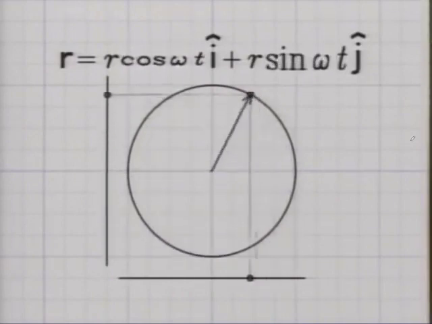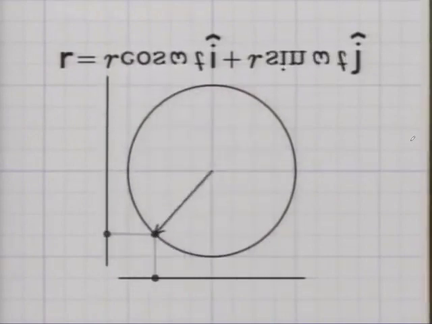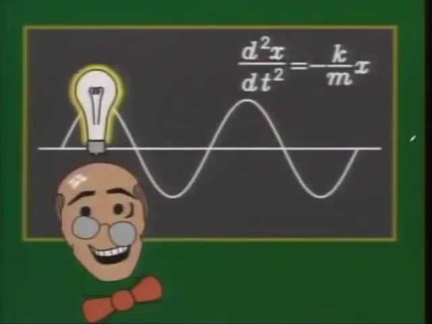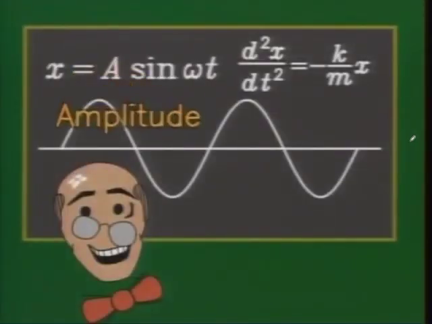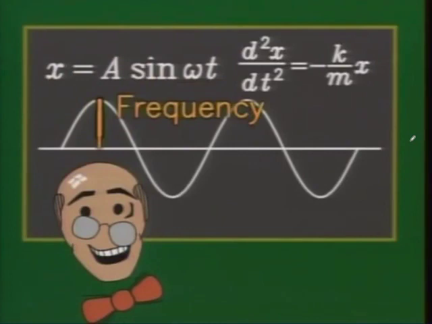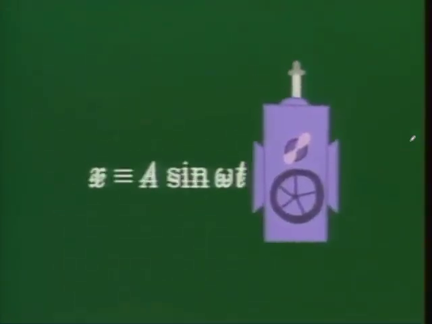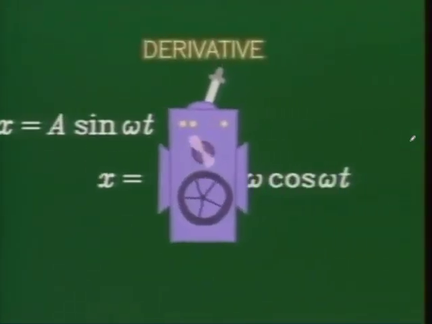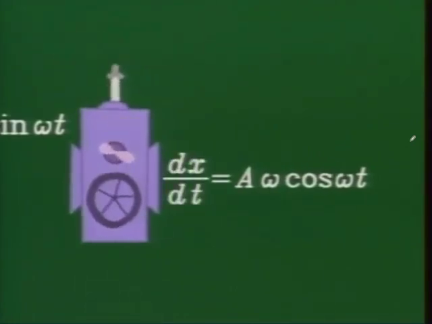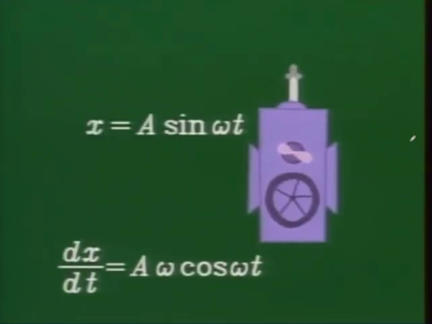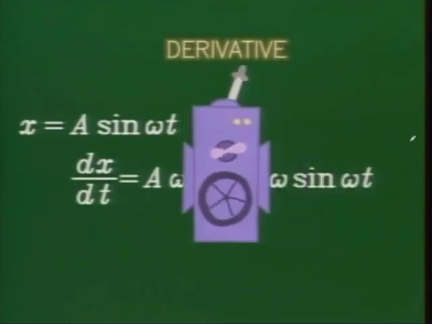Unit circle. In this case, a sine function with amplitude A and angular frequency omega. Don't worry, we'll talk about this again. But if x is this, is its second derivative equal to minus k over m times x?